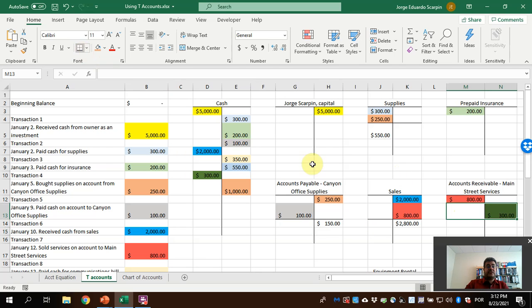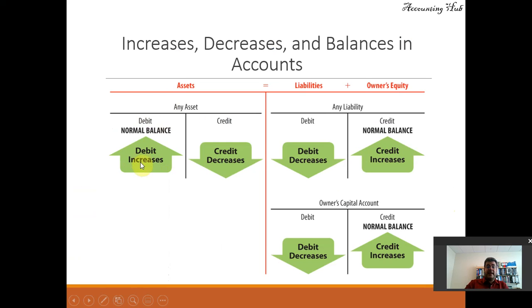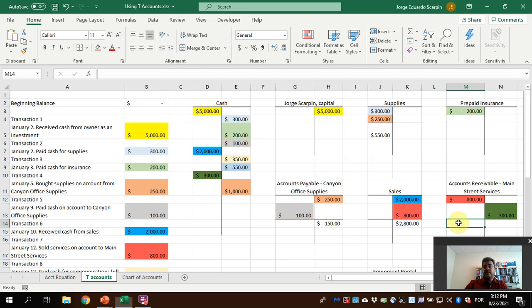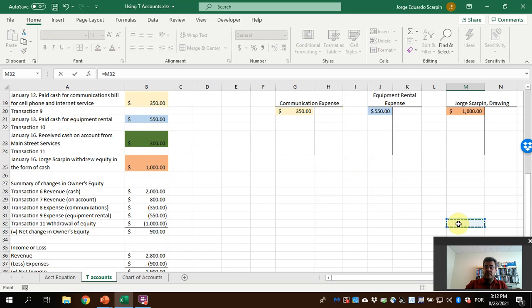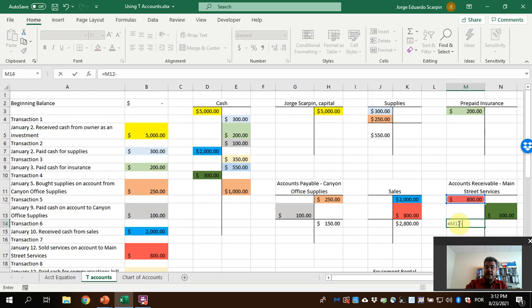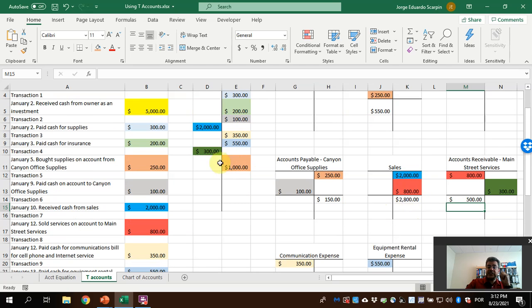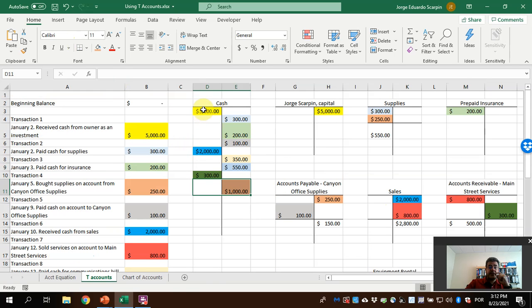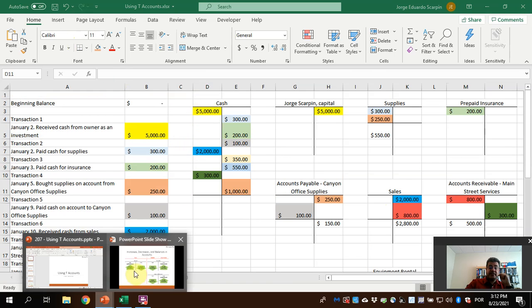Accounts receivable is the opposite. Asset. The normal balance is on debit. So our debit less our credit. What about cash? A lot of numbers. However, cash is an asset.